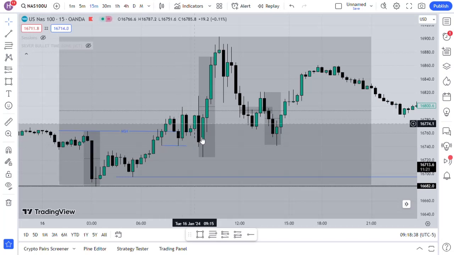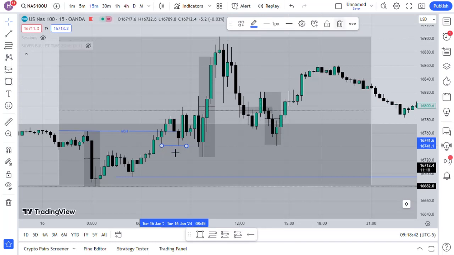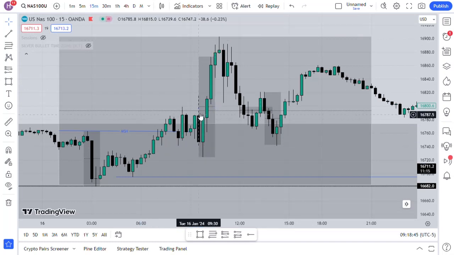On this 15-minute time frame, you will notice that after it took out the stops, first this black candle, then this candle that took out these stops. This black candle I will categorize as a nice order block, which was retested again on this line here.